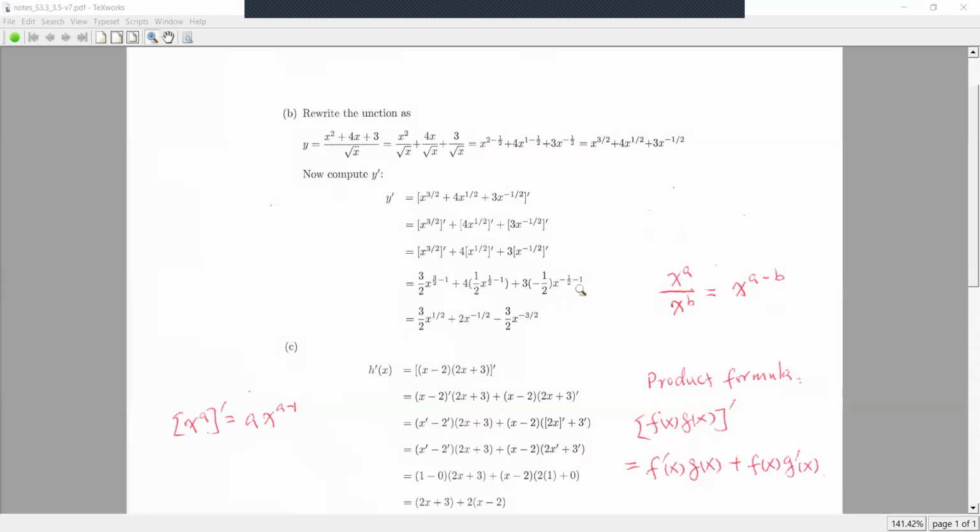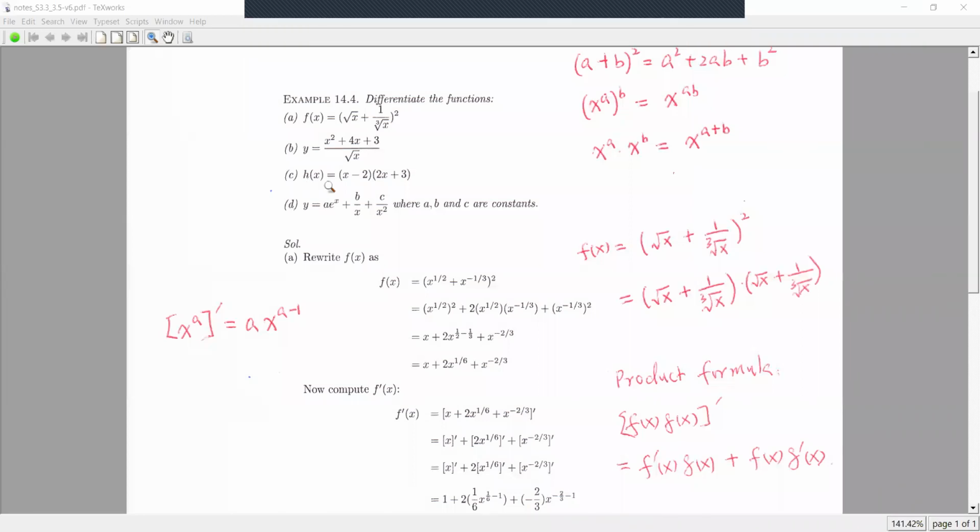Now simplify this expression. 3/2 minus 1, 1/2. 4 times 1/2 is 2. 1/2 minus 1, negative 1/2. 3 times negative 1/2 is negative 3/2. And negative 1/2 minus 1, negative 3/2. This is the derivative of this function.